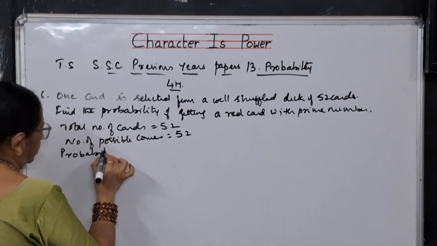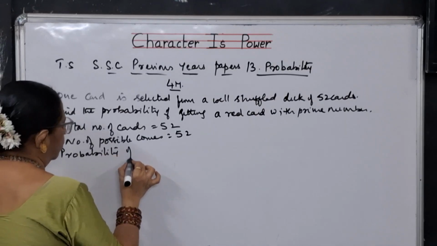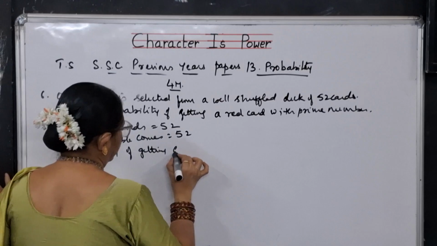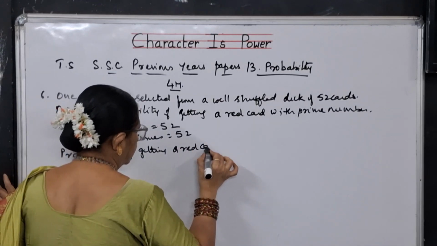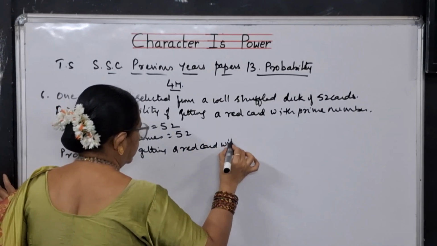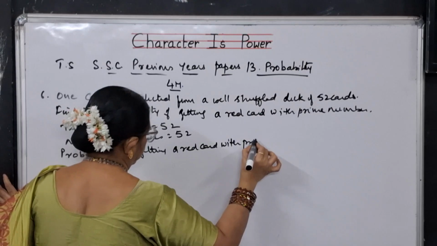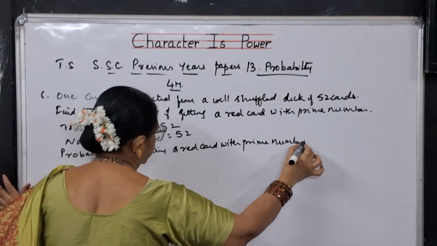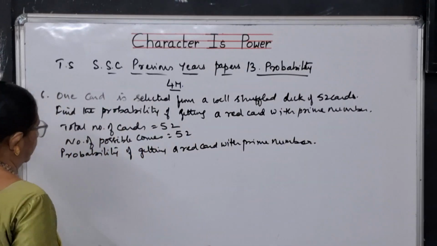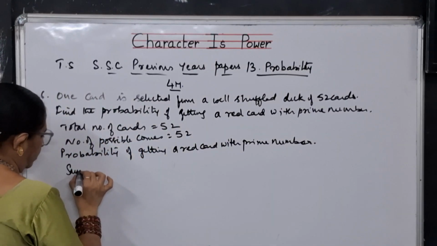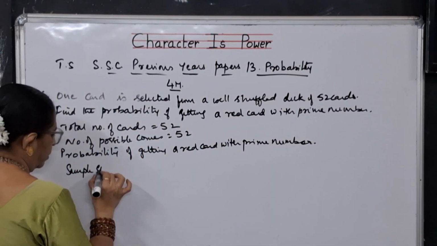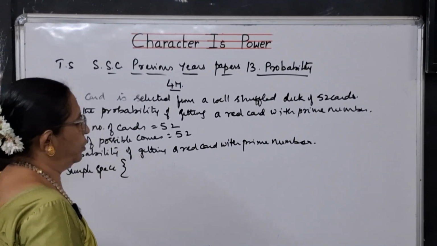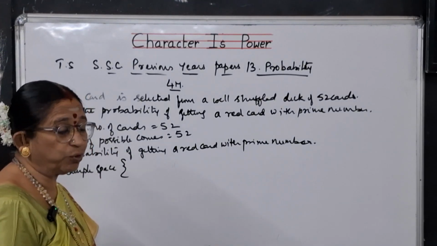Now, the question is probability of getting a red card with a prime number. So, let us see the sample space. You know that a card contains 4 shapes.